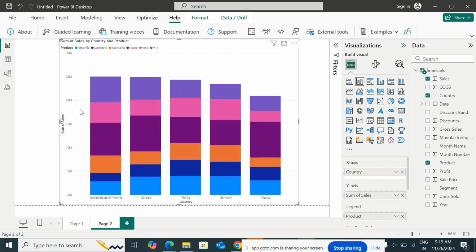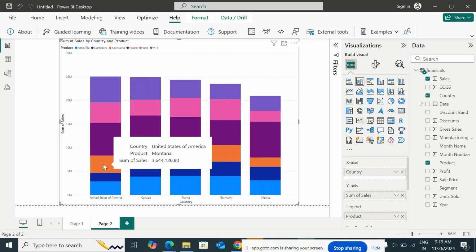By seeing this, we cannot tell. We need to mouse over and verify.